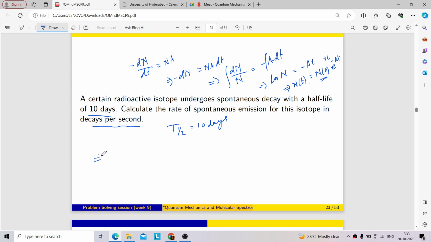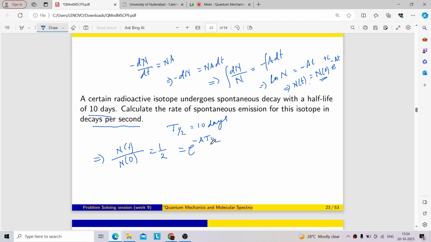So that means N of t over N of 0 will be half, or this will be equal to e to the power minus A times t half.